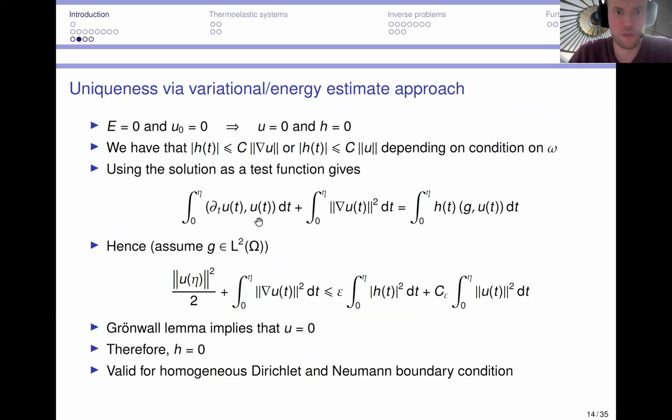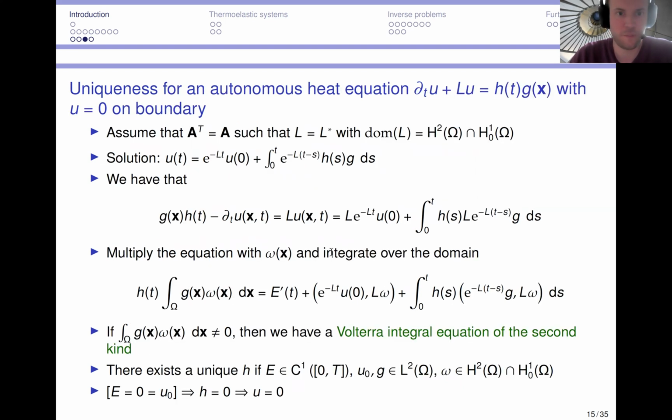And then you use the solution as a test function, and you can apply epsilon Young's inequality to put a small weight on the source, and then you use this estimate together with the Gronwall lemma to obtain that U is equal to 0, and then also, of course, from the expression of H, you can get that H is equal to 0, and you get uniqueness of a solution.